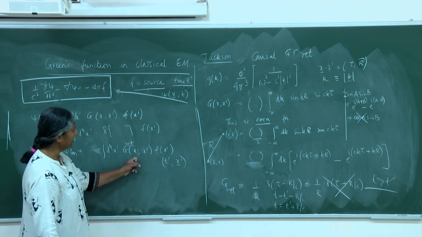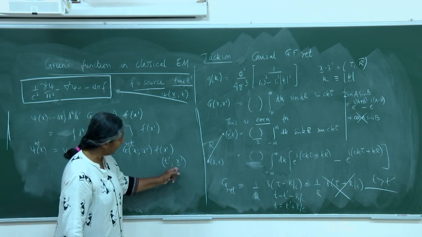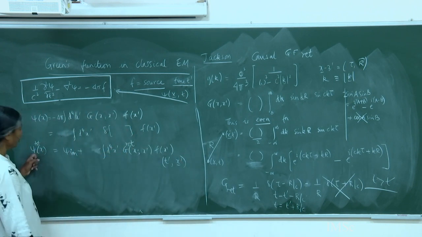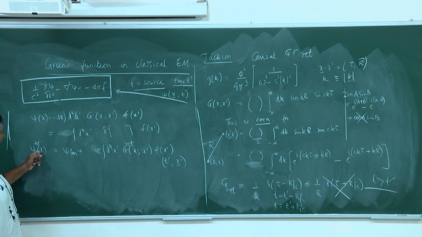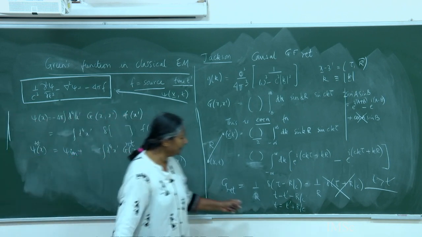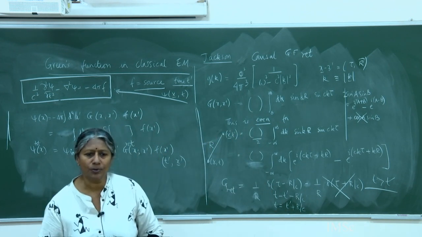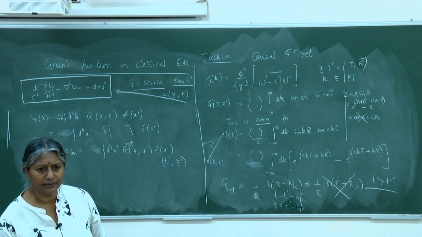Then the retarded Green's function is exactly that which will propagate from the source to the point at which we need to measure the potential, and it does it in a causal time, t minus t prime is equal to R by c. Is this clear?